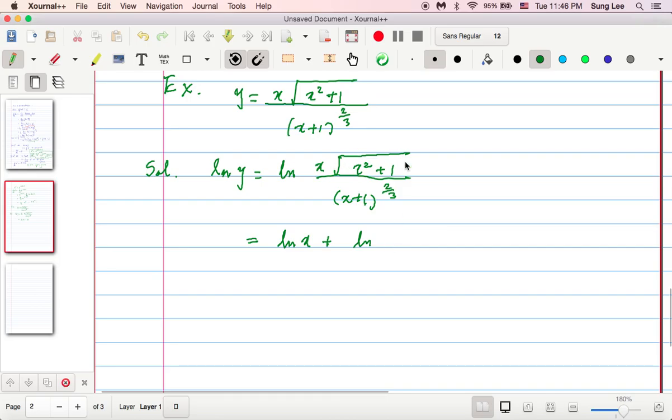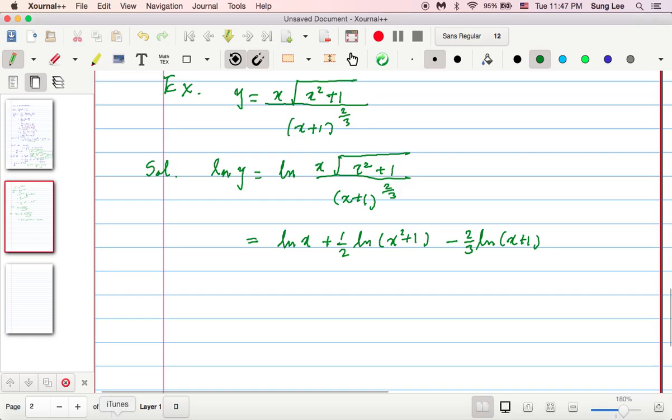But the square root is the same as what? x squared plus 1 to the power 1/2, and that power can be moved in front of the logarithm. So it's the same as 1/2 ln of x squared plus 1, and then minus ln of (x plus 1) to the power 2/3, but this power can also be moved in front of the logarithm.